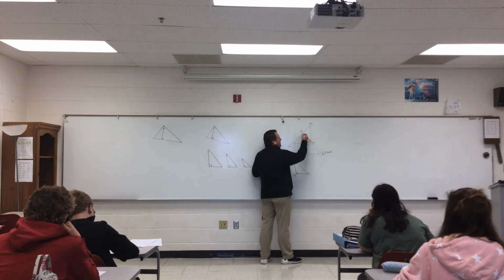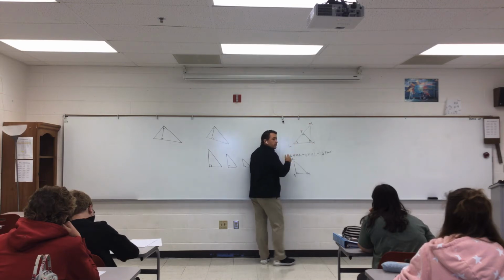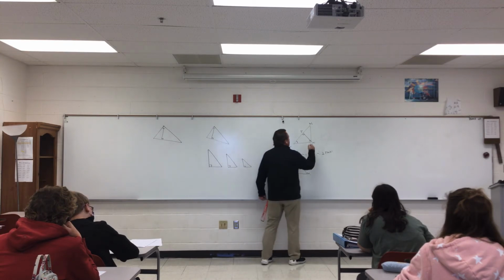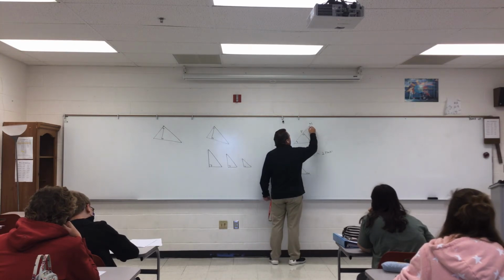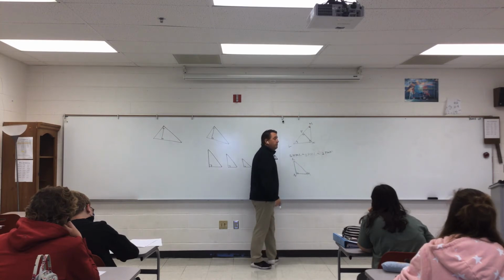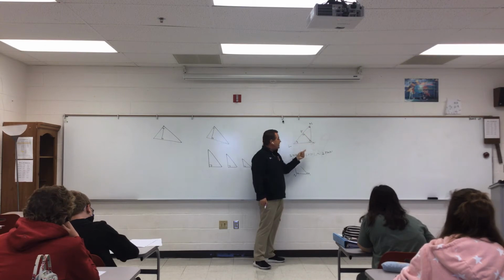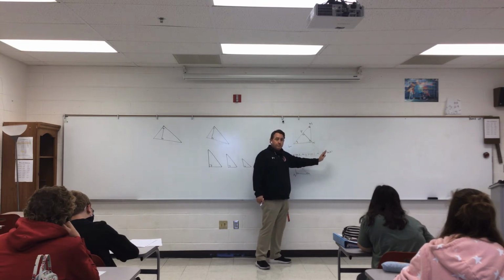In this medium-sized triangle, that angle is the same as it is in the big triangle, isn't it? Do you guys agree with that? When I look at this one, that angle is the same in both this little triangle and the big one, isn't it? That's my two angles. So because that's the same in the little one and the big one, and this is the same in the medium size and the big one, basically all three angles are the same, so these triangles are similar. Okay, that's the why.